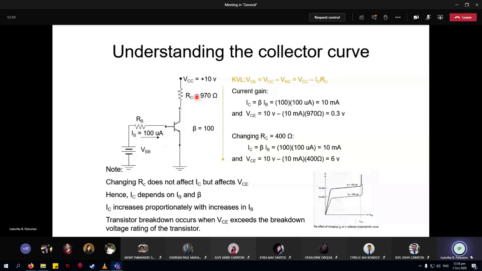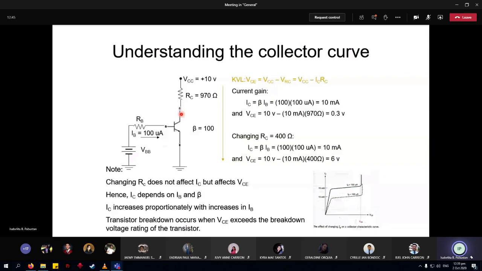Now, your computation for the VCE is equal to 0.3, but your computation for VCB is negative 0.4. So, ibig sabihin, this will not be reverse biased. Kasi you got a negative 0.4 volts there.